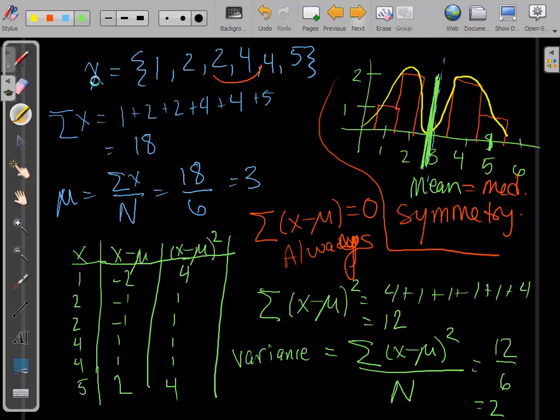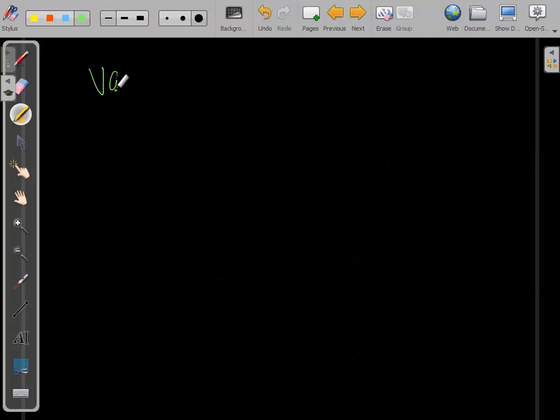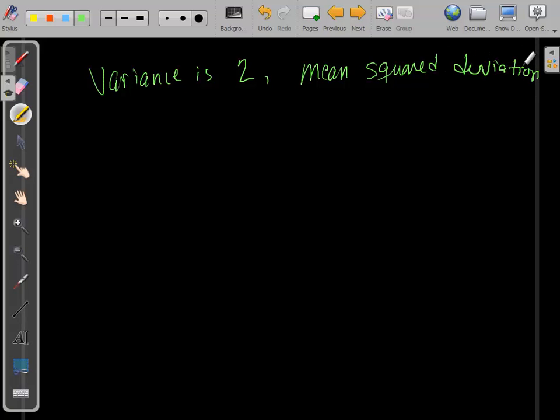If our variance equals 2, variance is 2, but the variance is also the mean squared deviation. That is not helpful to me because I'm dealing with something squared, so what we can do is define the standard deviation.